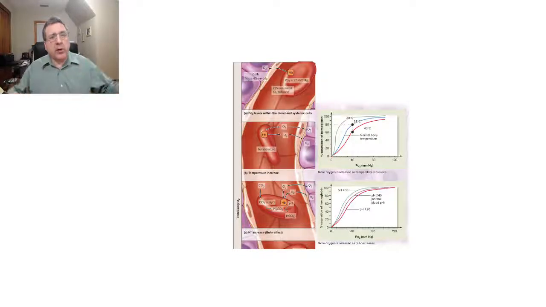In order to increase the partial pressure of oxygen, you would have to increase the atmospheric pressure. If you increase the atmospheric pressure, that increases the partial pressure, and I believe that would be like 3 atmospheres. So you would have to be below sea level for that to occur.